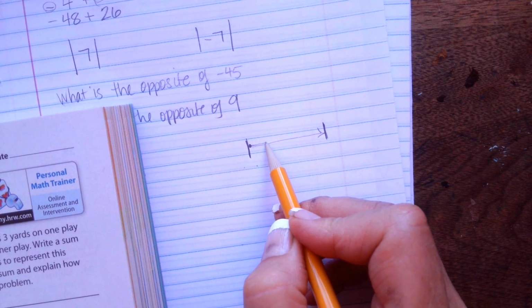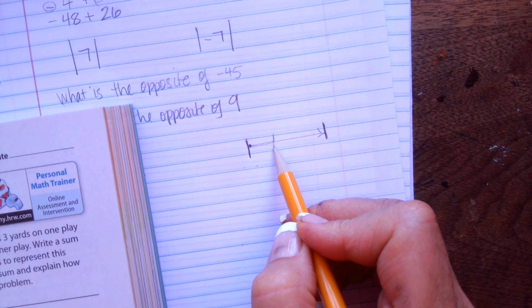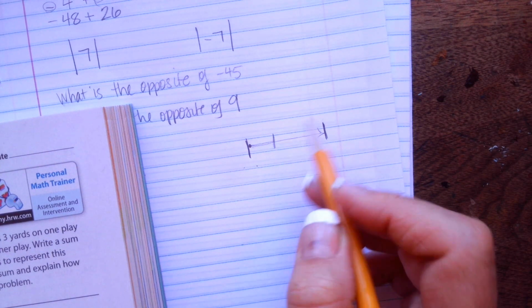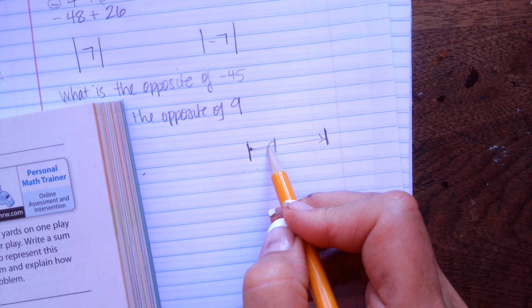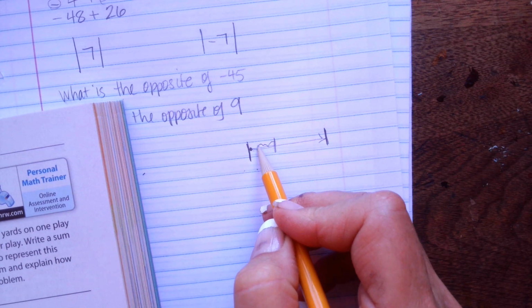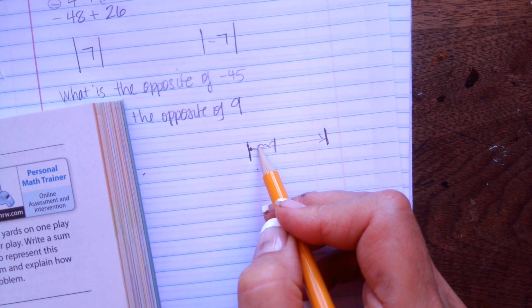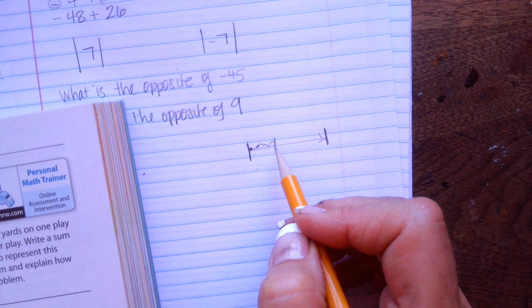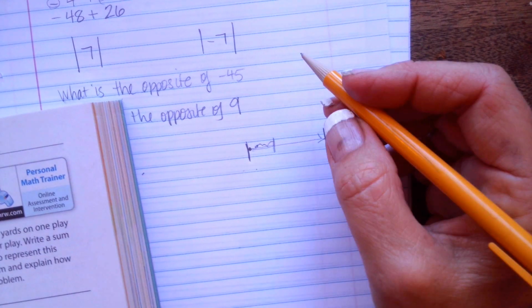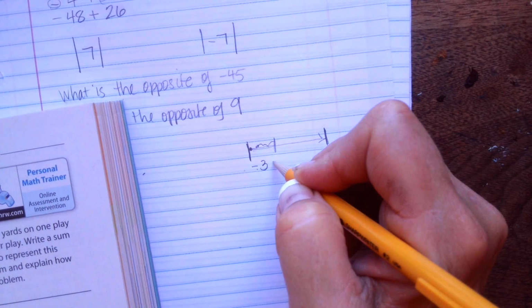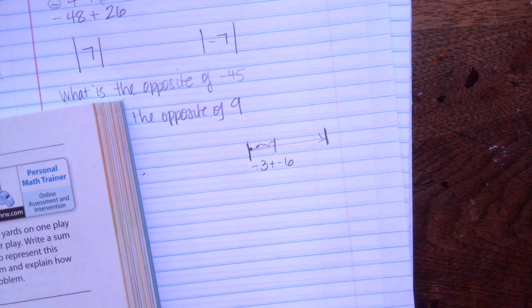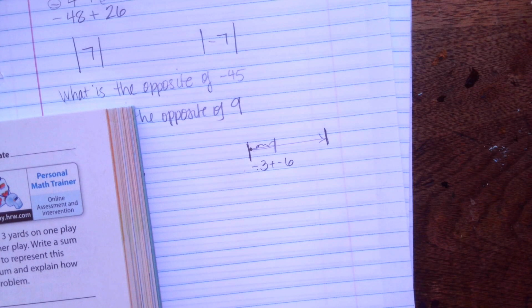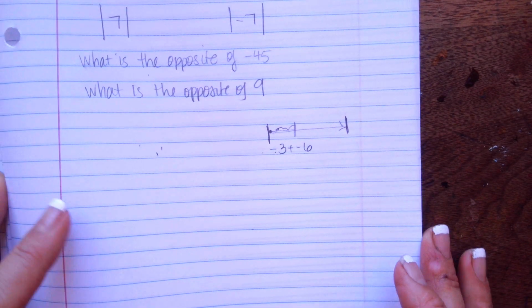So suppose they get to right here and they lose 3 yards. That means they go back towards where they started, and then they lose another 6, they go back. So we would do -3 plus -6 yards as our problem. So what would the answer be, Shri?